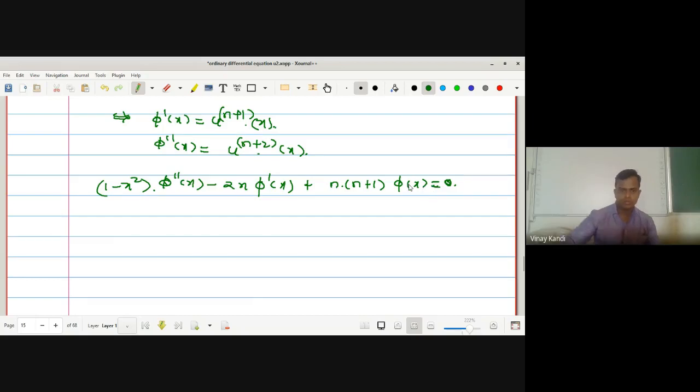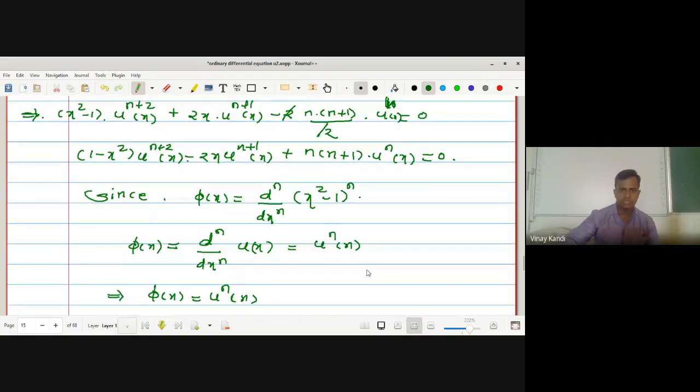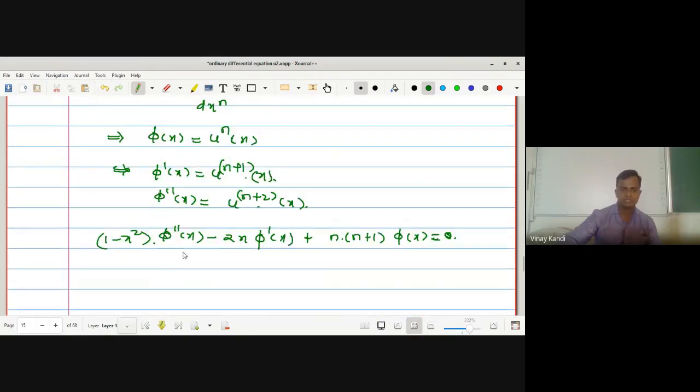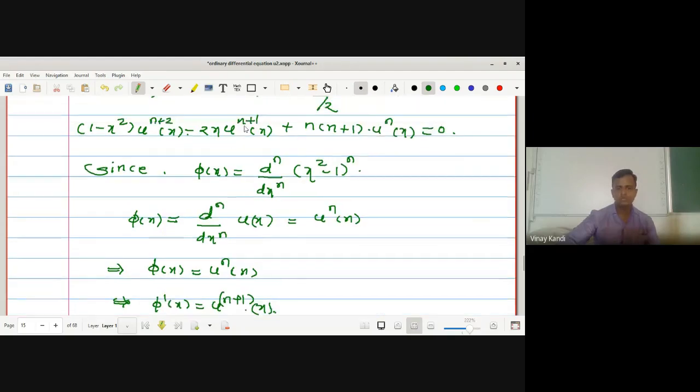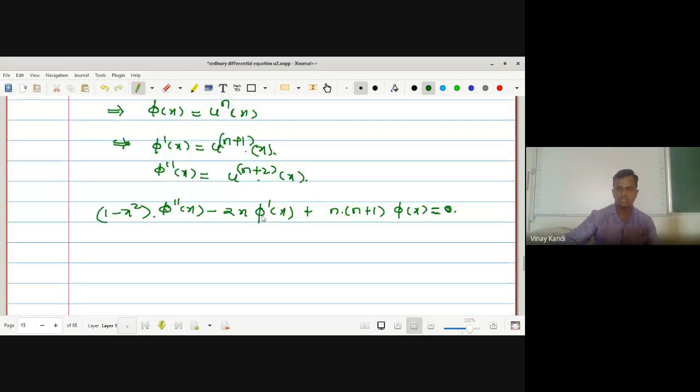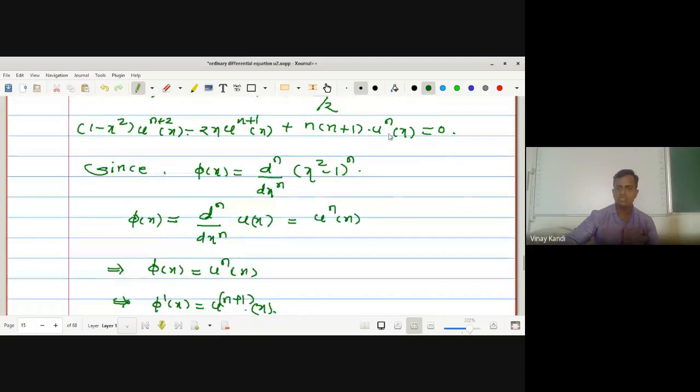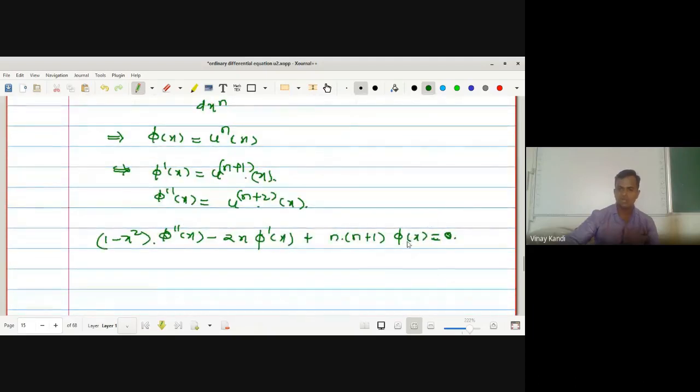So hence we get this equation. In this one, 1 minus x square, the value of this one is phi double dash, the value of this one is u raised to n plus 1, which is phi dash, and u raised to n of x is phi of x, is equal to 0.